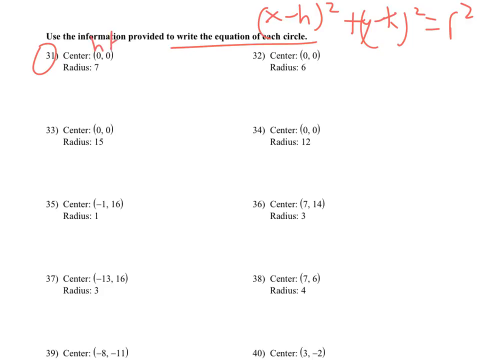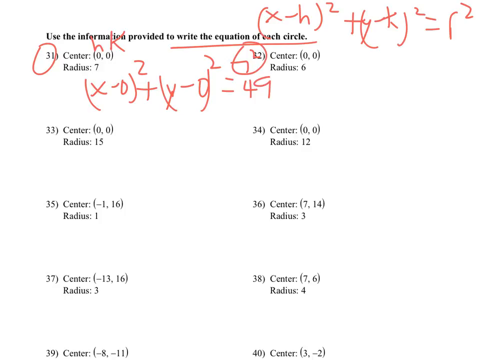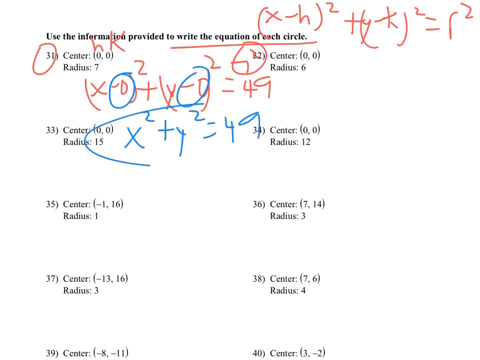This is h and k for my center, so it's x minus 0 squared plus y minus 0 squared equals, and we write this as 7 squared, but never leave that as a number squared. I'm going to make that 49. Now it would be okay to leave it this way, but when we really have zeros here, we just write it as x squared plus y squared equals 49. And I would say that's a better way to write number 31.